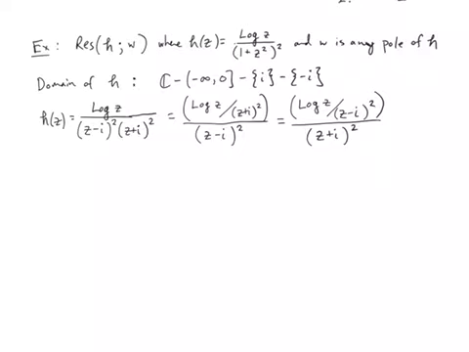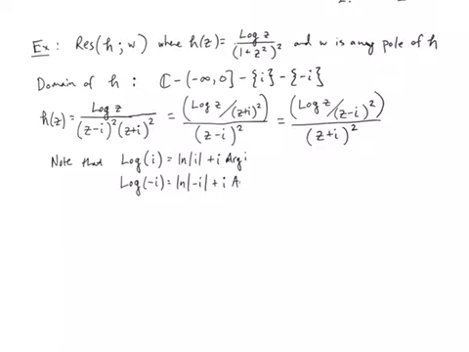So to see that these are poles of order 2, I know the question didn't ask that, but you can note that log of I is ln absolute value of I plus I times the capital arg of I. And also that log of negative I is ln of the norm of negative I plus I times capital arg of negative I. And this is just 0 plus I times pi over 2.